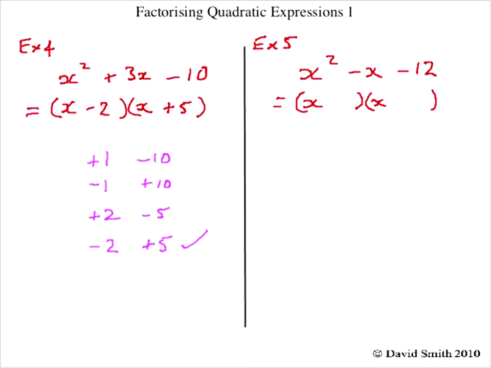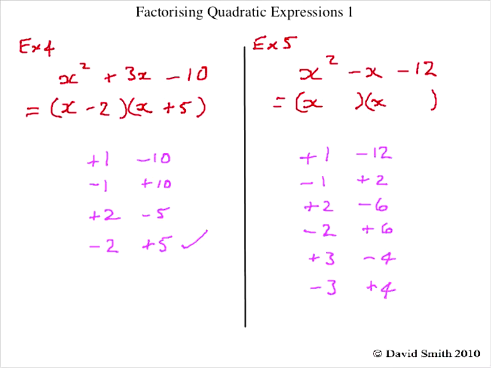So we could have plus 1 times minus 12, minus 1 times plus 12, plus 2 times minus 6, minus 2 times plus 6, plus 3 times minus 4, minus 3 times plus 4.